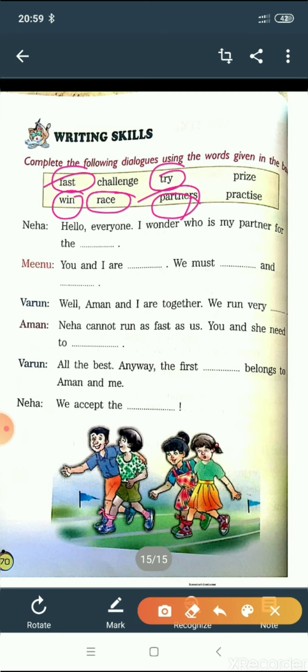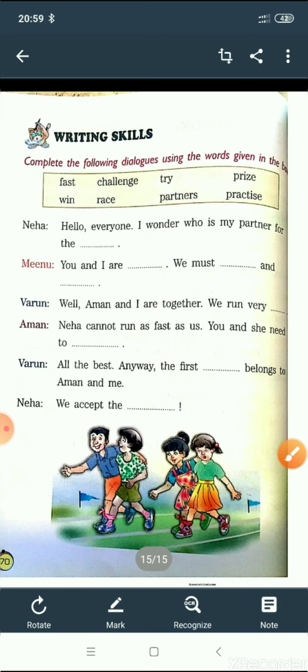You and she need to practice. Varun is saying, all the best. Anyway, the first prize belongs to Aman and me. Now Neha says, we accept the challenge. So these dialogues are complete, and with this the exercise is also complete. Exercise of this chapter is over.